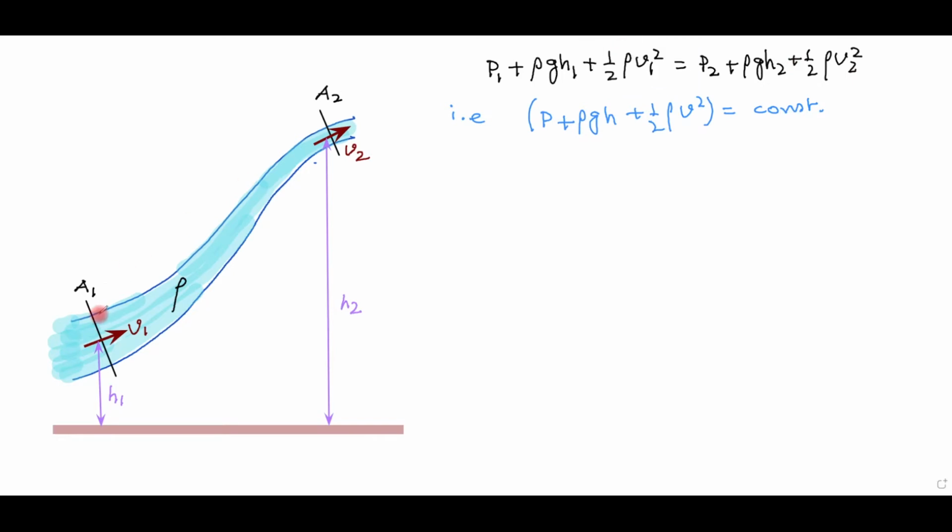I am considering a mass of liquid over here, which is del m, and we'll consider same del m mass at some other location. That means around this cross section we are considering del m mass of liquid.